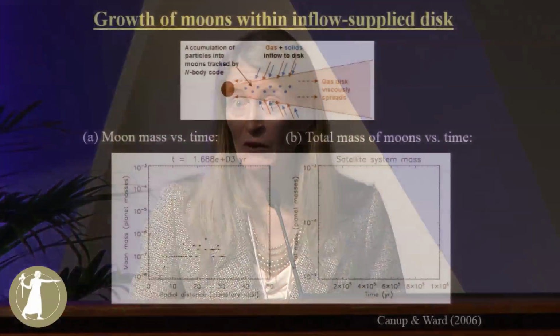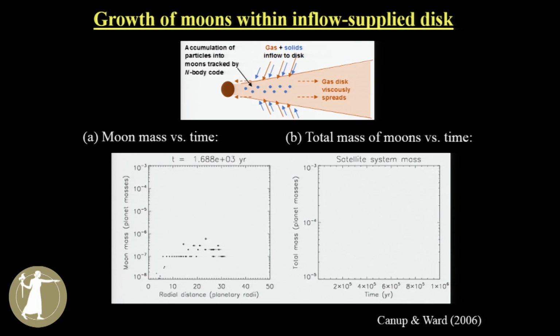So I'm going to show you some results from a model that's trying to mimic this basic situation where you're forming satellites around a gas planet whose disk is being supplied by an inflow of gas and small solids. The model is tracking the orbits of the solid particles around the planet, and when they collide, it's assuming they merge to form larger satellites, and it's including this type 1 interaction between the gas disk and the satellites.